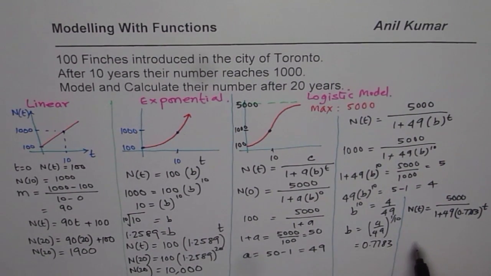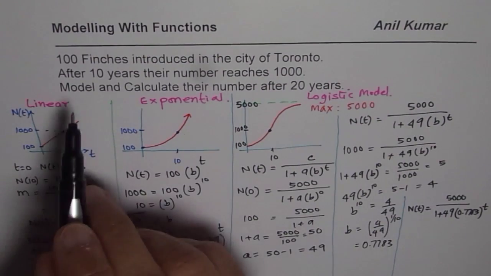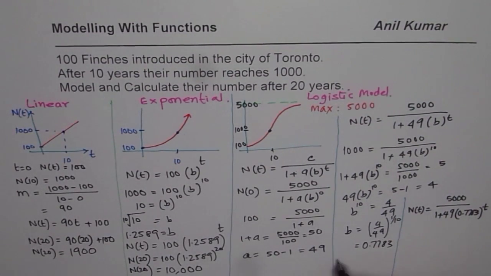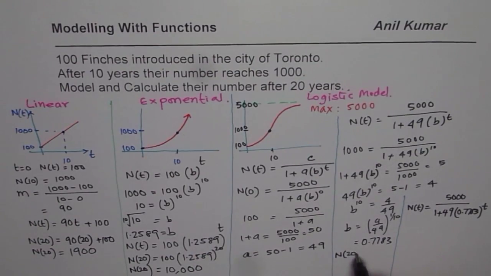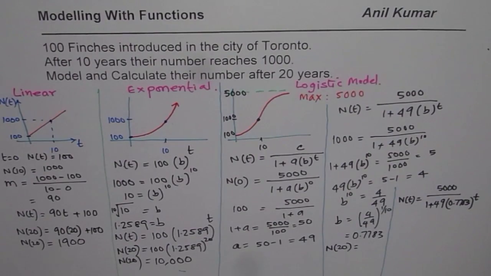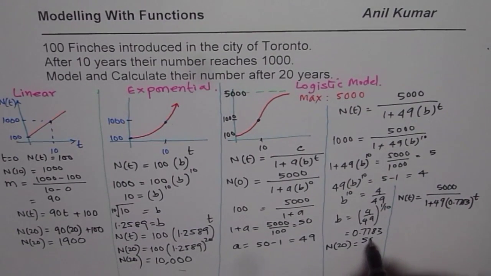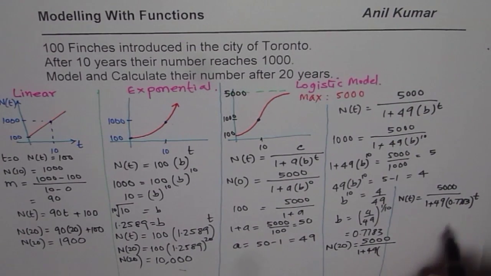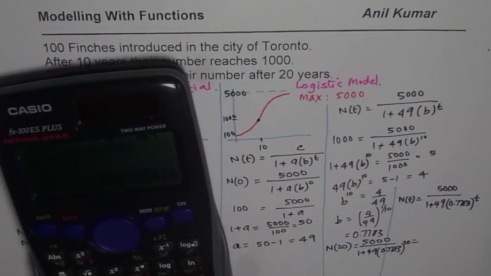Now since you know B, the idea is to calculate what the number is going to be after 20 years. So N after 20 years will be equal to 5,000 divided by 1 plus 49 times 0.7783 to the power of 20. Let's calculate using this calculator.